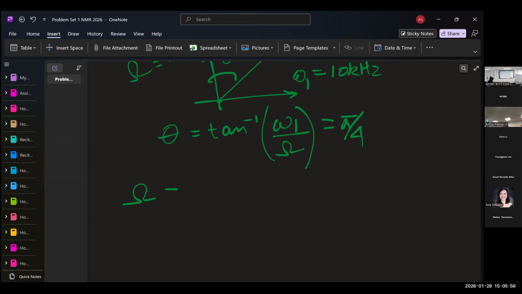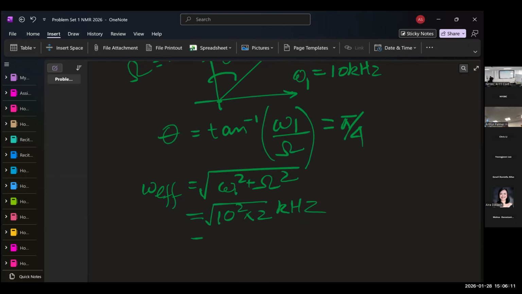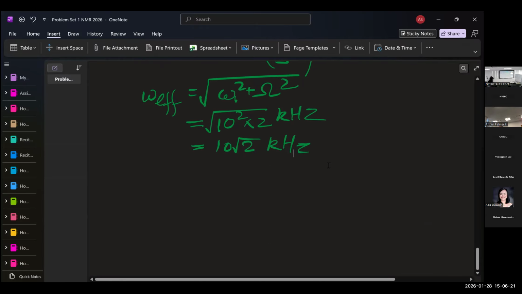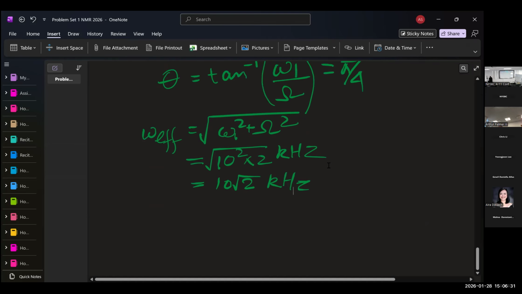And the effective field... I like to hold square root 2 until the end of the calculation. Things work out simpler. You can go into a calculated number if you like.